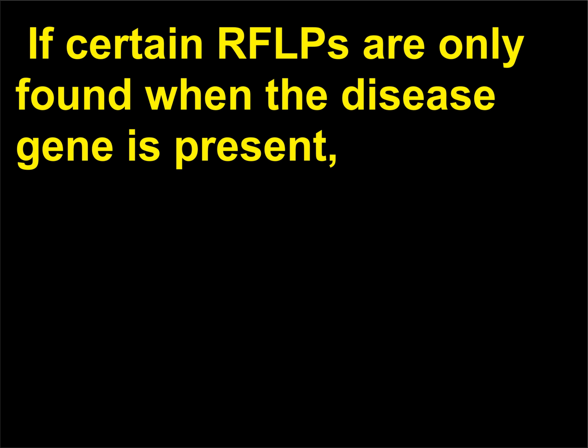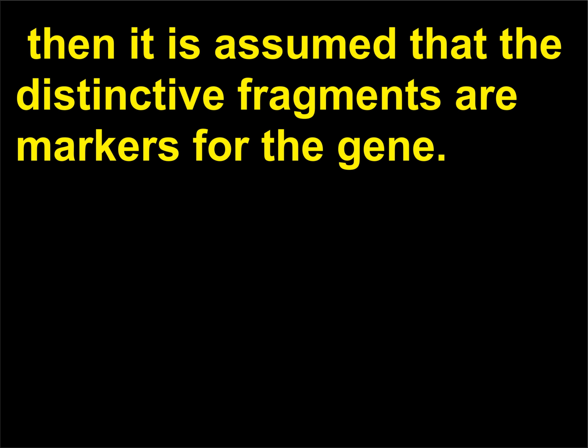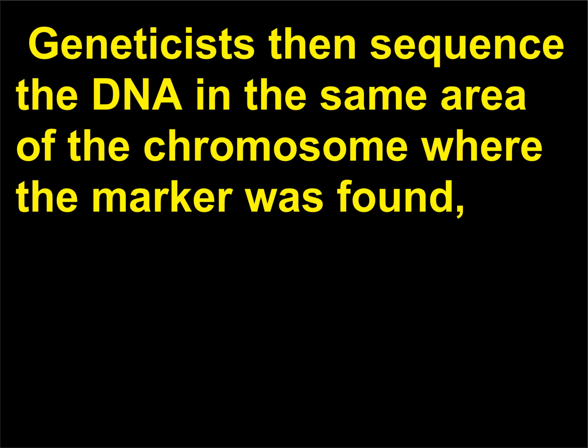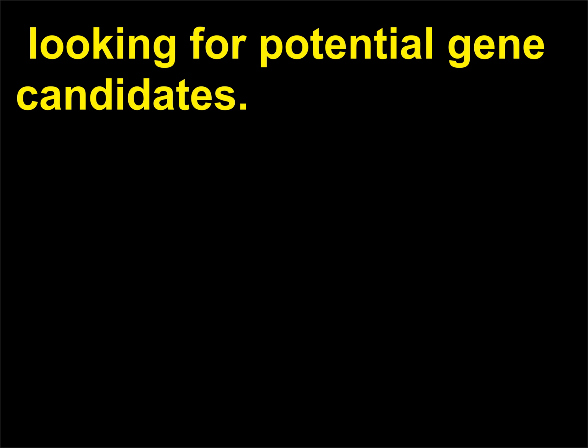If certain RFLPs are only found when the disease gene is present, then it is assumed that the distinctive fragments are markers for the gene. Geneticists then sequence the DNA in the same area of the chromosome where the marker was found, looking for potential gene candidates.